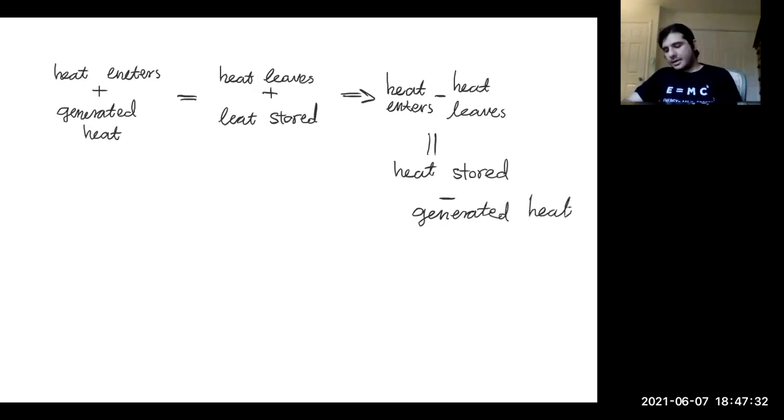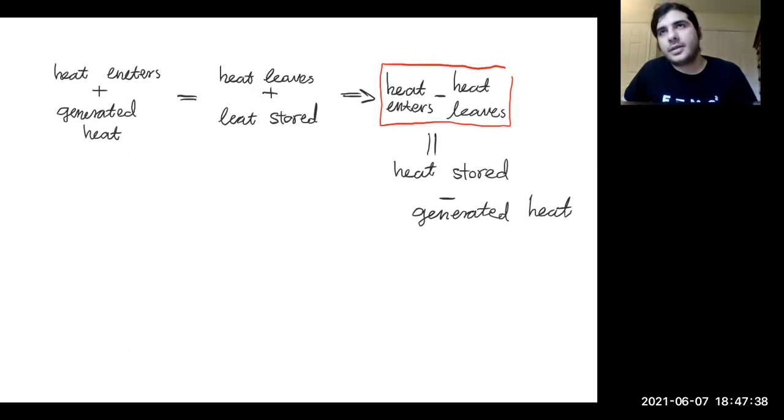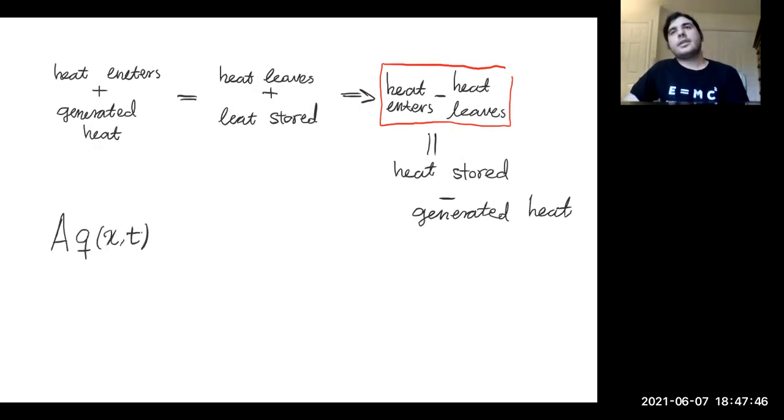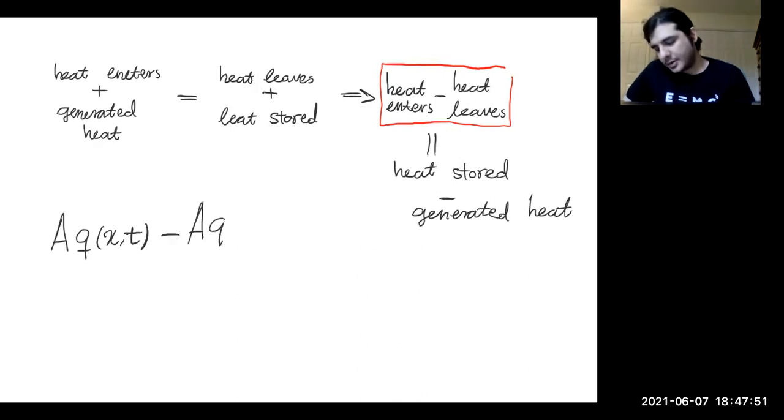Now the left-hand side, the amount of heat which enters minus the amount of heat which leaves, is equal to, well, what we had earlier, A times Q of X and T. This is the amount of heat which enters minus the amount of heat which leaves.